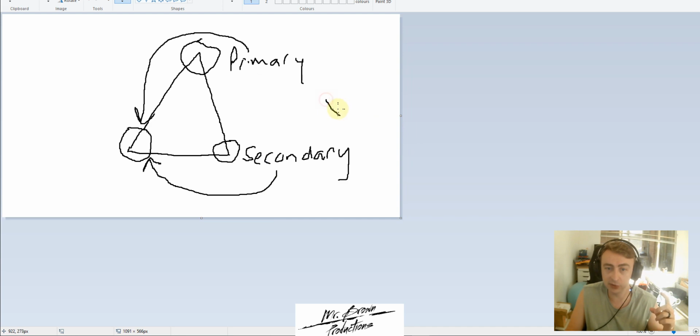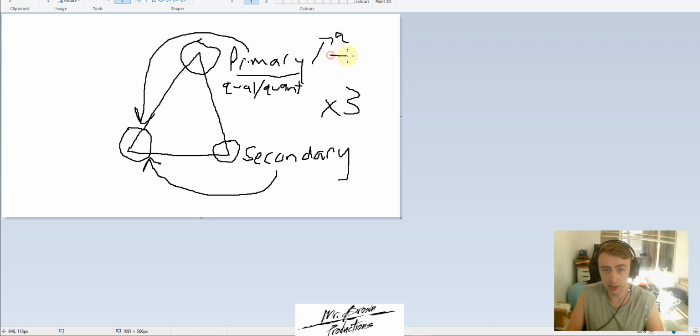Now, 3 should be the minimum. If you want to do more than that, by all means, you could do primary and then give us a qualitative and quantitative bit of primary data, okay? You might look at a questionnaire and then an interview and then your content analysis.